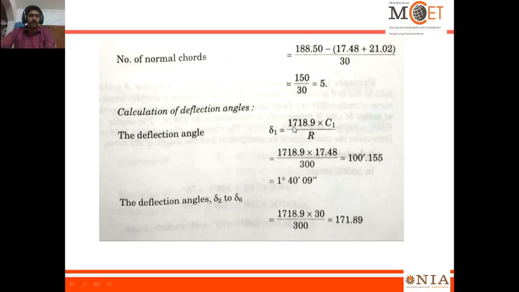The formula you know, 1718.9 into C_n by R. For first subchord you have to substitute the 17.48, last subchord 21.02, remaining all are 30. Whatever the calculation you obtain in minutes, try to convert to degree, minutes, seconds, right? So similarly, remaining normal chords, del 2 to del 6 are based on 30.